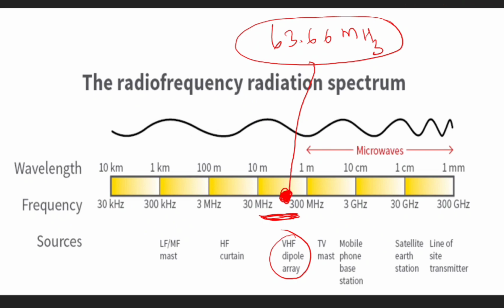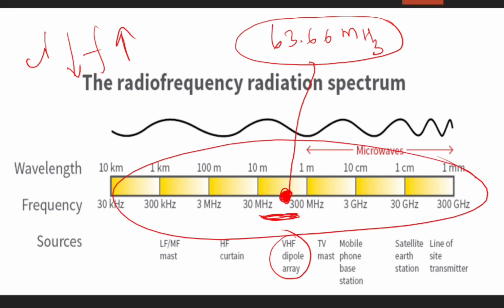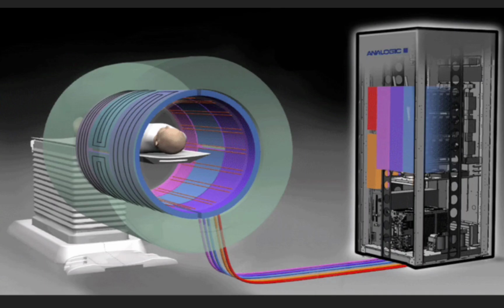High frequency means shorter wavelength. If the wavelength is short, the frequency will be high. So this is the radio frequency radiation spectrum. I just wanted to show you exactly which frequency we are using in our MRI machines.